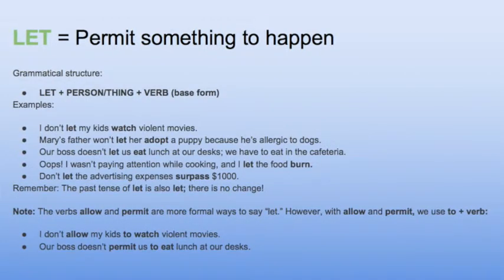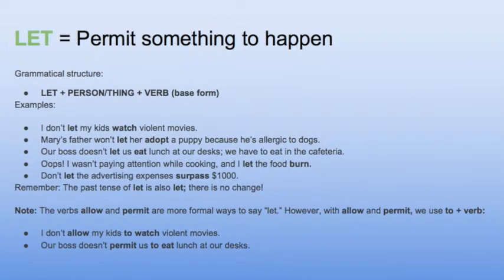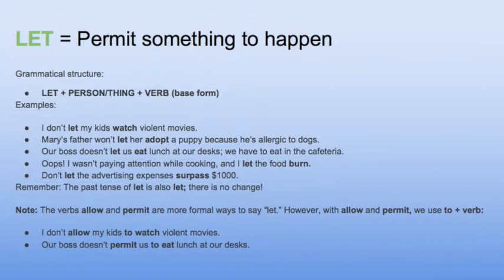I don't let my kids watch violent movies. Mary's father won't let her adopt a puppy because he's allergic to dogs. Our boss doesn't let us eat lunch at our desk. We have to eat in the cafeteria.